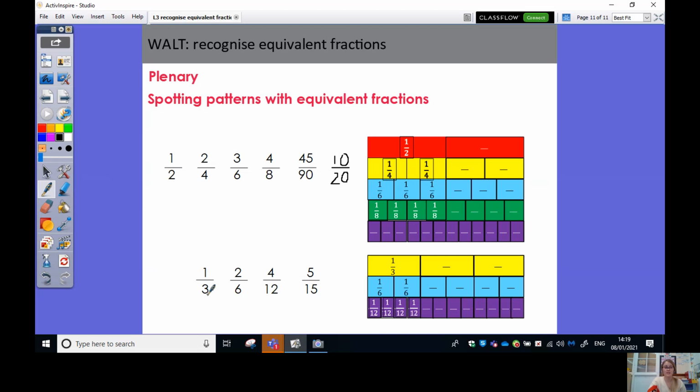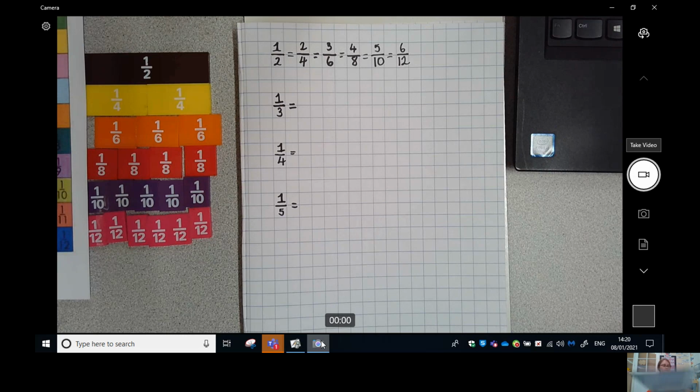Similarly, for a third, you may notice that 1 is a third of 3. 5 goes into 15 3 times as well. 4 can be divided into 12 3 times. 2 can be divided into 6 3 times. Let's just quickly have a look at that on our whiteboard.